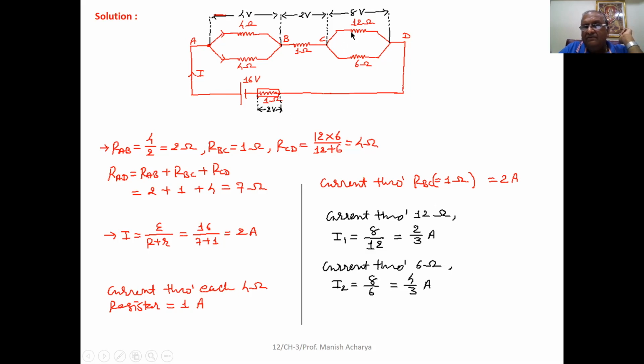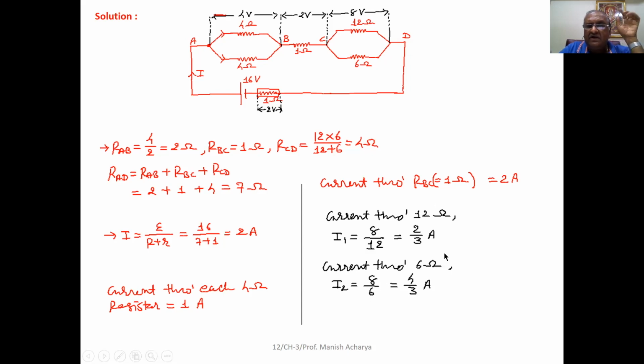So current through 12 ohm, I equals V by R. So I1, the current through 12 ohm, is 8 by 12, that is 2/3 ampere. Similarly, we can calculate the current through the 6 ohm resistor, that is I2 equal to V by R, so 8 by 6, that is 4 by 3 ampere. Clear to all of you?